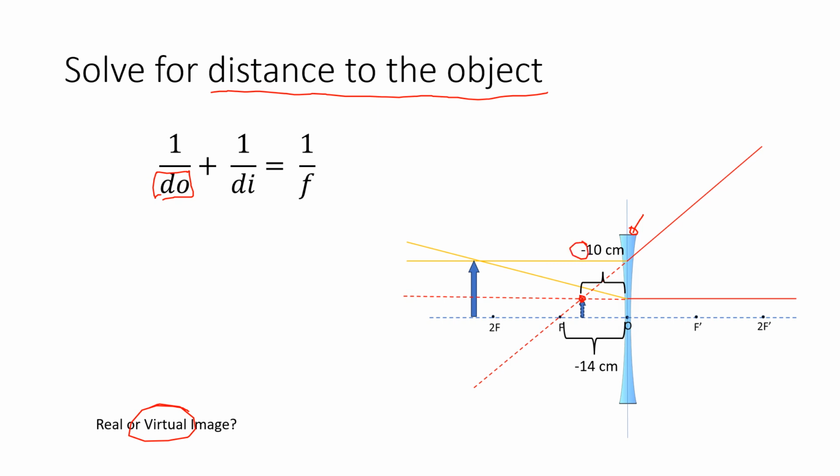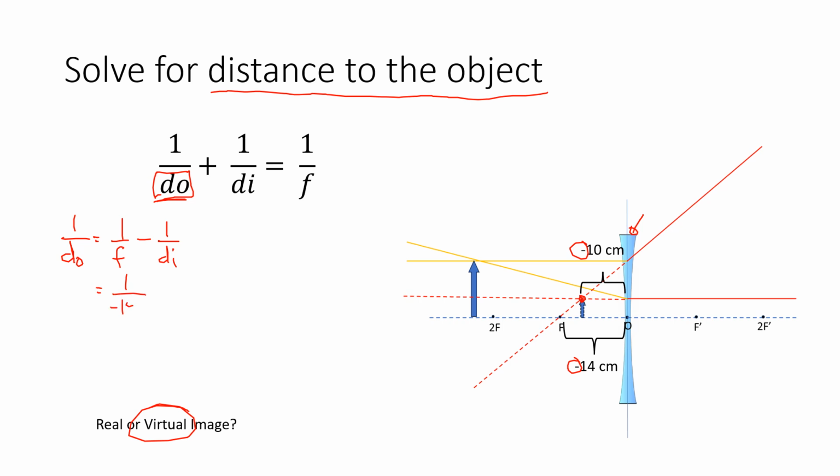We're going to have a negative distance to the image, and we get a negative distance to the focal point. So let's have a look and see if we can work this one out. So to get this guy all by itself, we'll say 1 over d0 equals 1 over f, and we'll move that other expression over to the other side. So this should help us solve it. So the focal length is negative 14 centimeters.